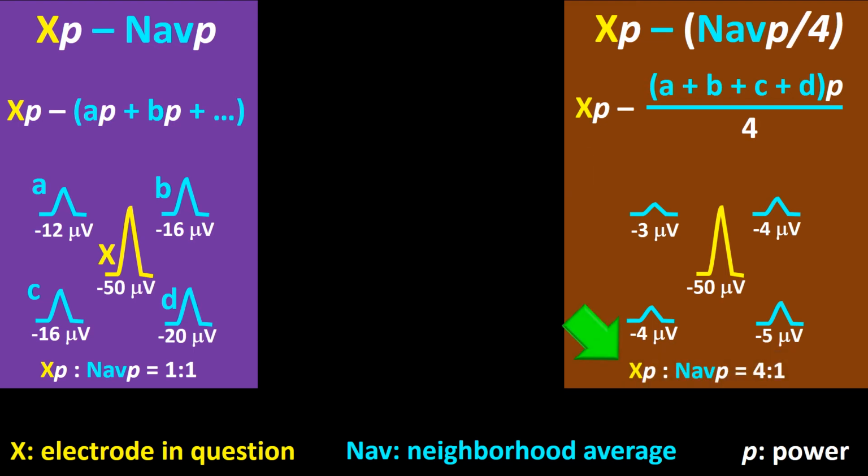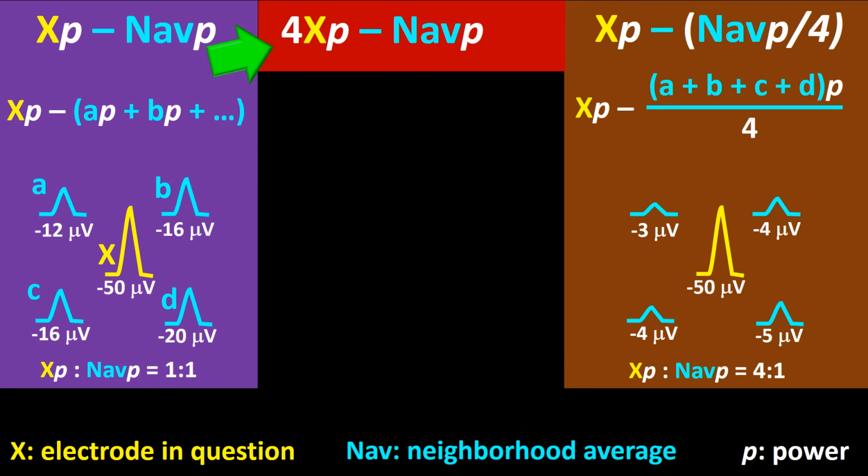This will lead us to a 4-to-1 increase in the power of X in relation to the power of the surrounding electrodes.